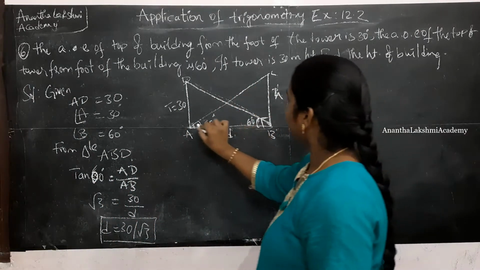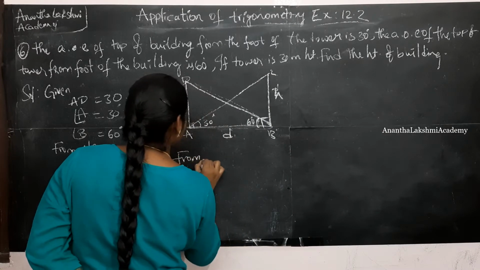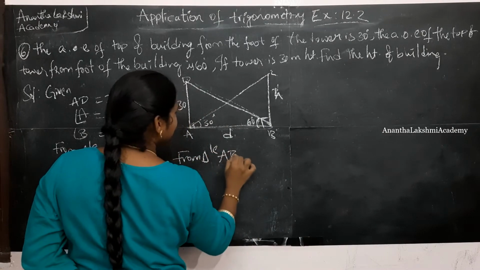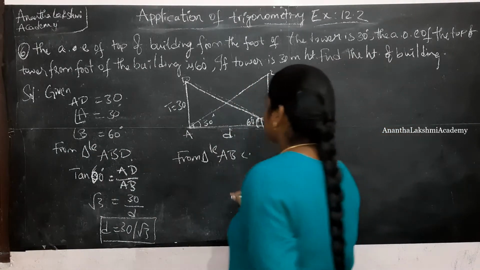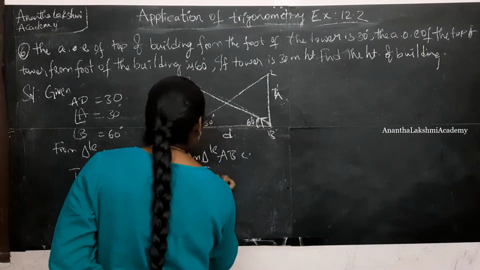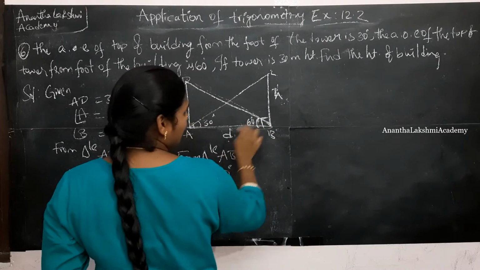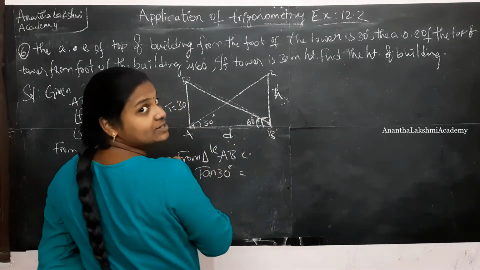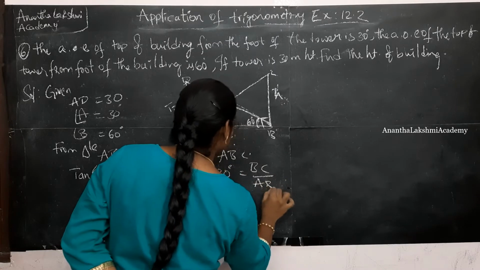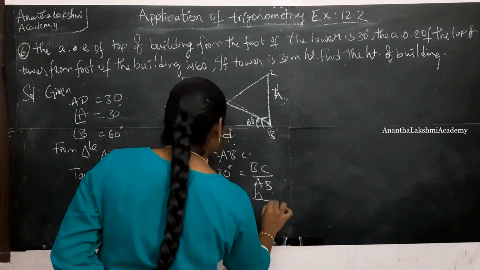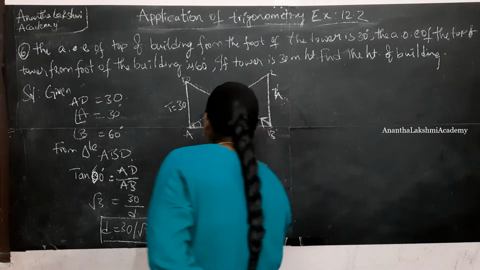So from triangle ABC, why are we considering triangle ABC now? We have to figure out the height of the building. So from triangle ABC, tan 30 is equal to, in order to figure that out, we know D and we have to figure out H. Hence I am considering tan, BC by AB, which is nothing but H by AB, H by D. D is nothing but 30 by root 3.